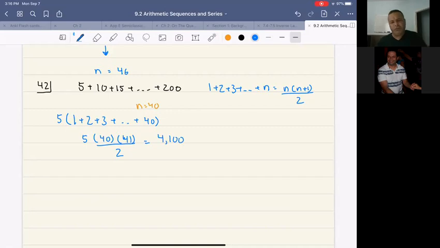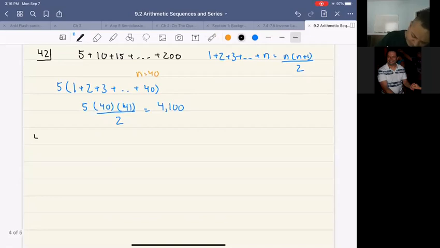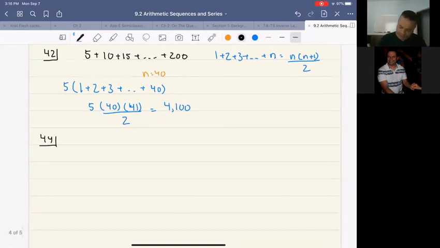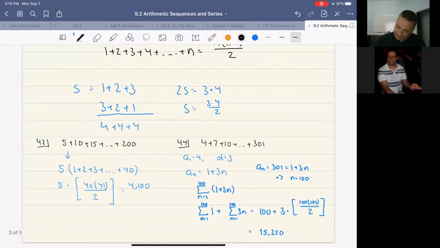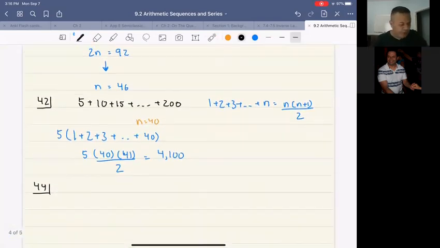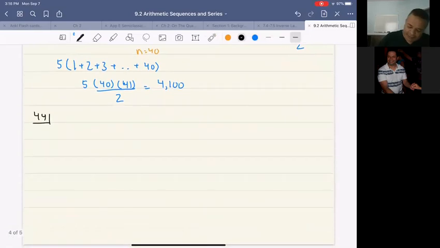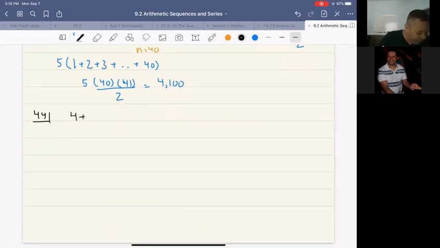All right, the next problem is very similar. It's number 44. I'm going to write this as 4 plus 7 plus 10 all the way up to 301. Now this one's a little bit different because it's not as clearly the same problem as the one we just did, but it's still pretty much the same problem.